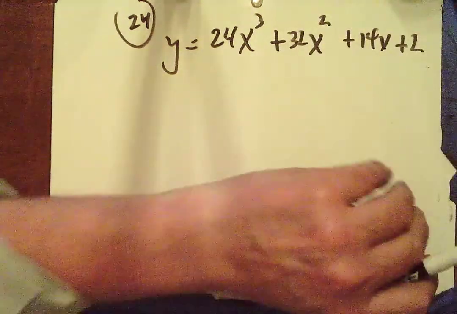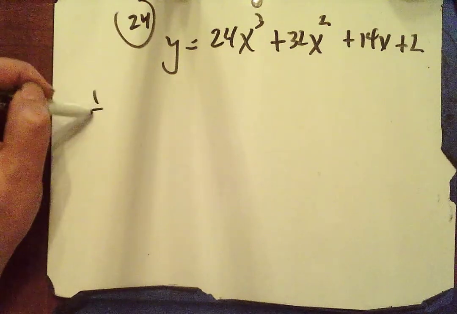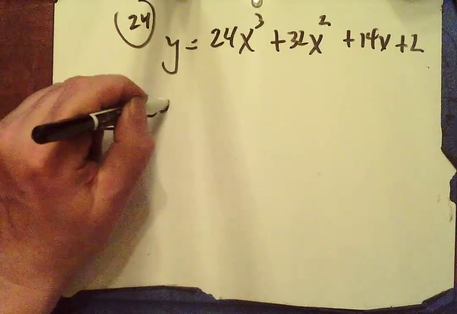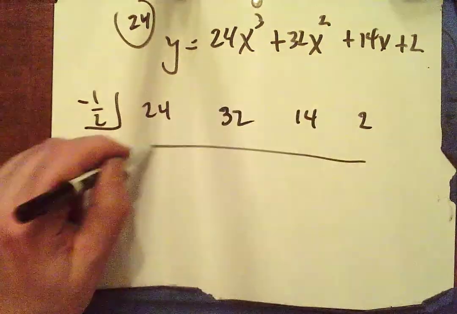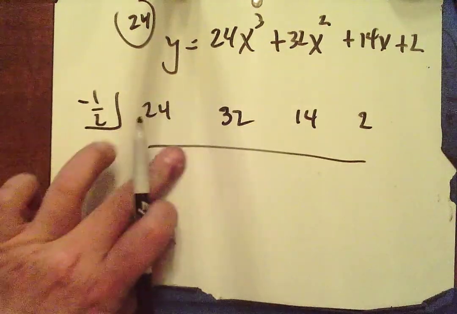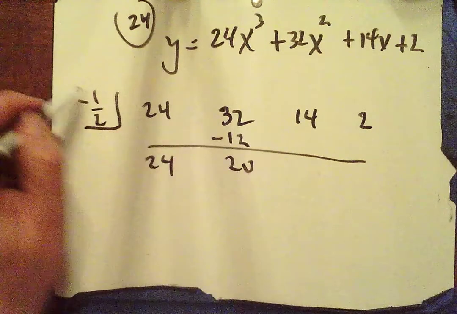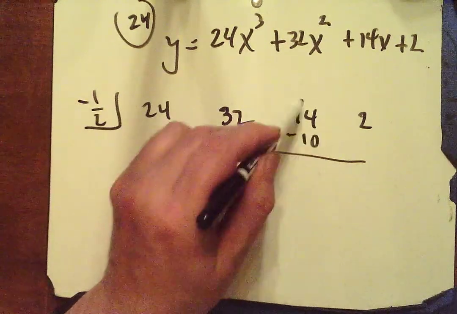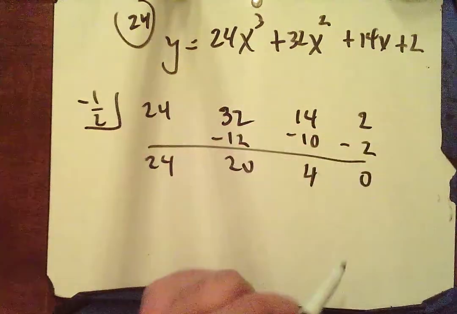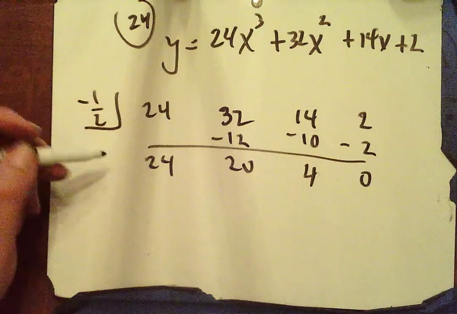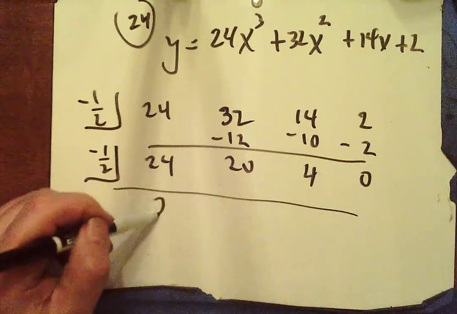Well, wait a minute. Is it really? Let's see what happens if I do negative 1/2. 24 times negative 1/2 is negative 12, 20 times negative 1/2 is negative 10, 4 times negative 1/2 is negative 2, and 0. Yeah, negative 1/2 worked, but it should work again.